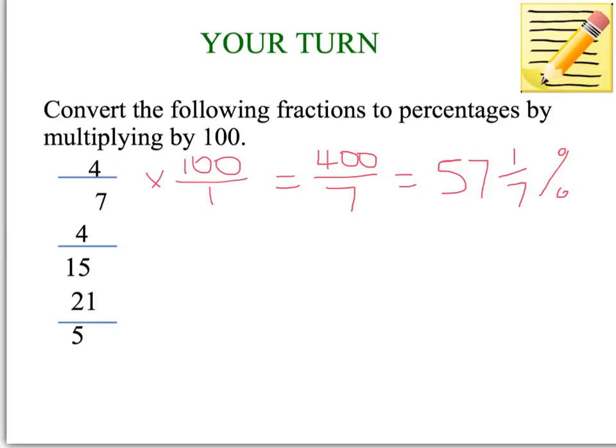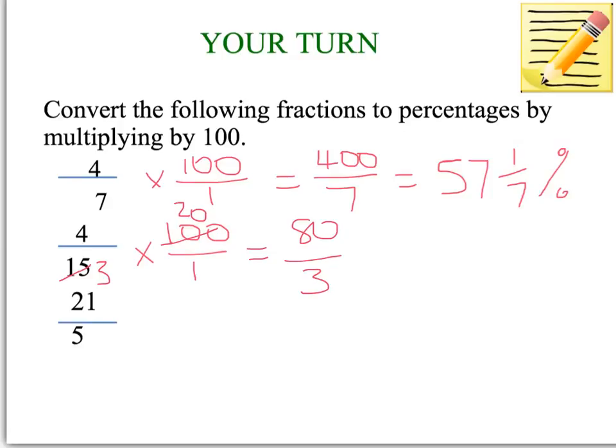Alright, these are a bit trickier, these ones. Now we're going to multiply this by 100. Now I can actually cancel out these ones here, because they're both divisible by 5. So 5 into 15 is 3, 5 into 100 is 20, 4 times 20 is 80, 3 ones are 3.